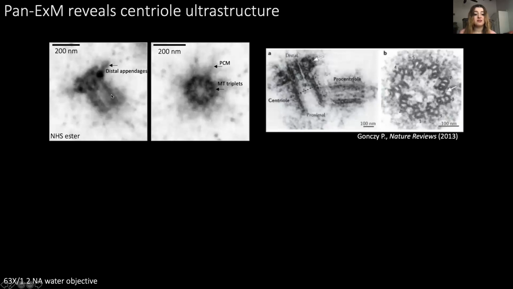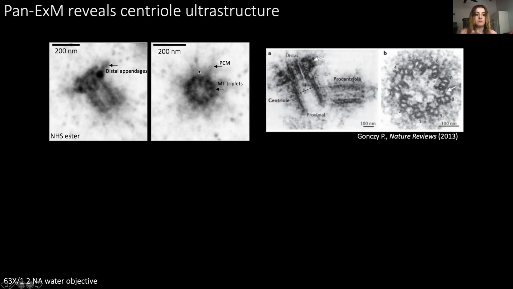If we invert the color table and take a closer look at these U2OS centrioles, we can see them in incredible detail. So for example, here in these dark regions, these likely correspond to microtubule triplets. We can also resolve the pericentriolar material, or PCM.